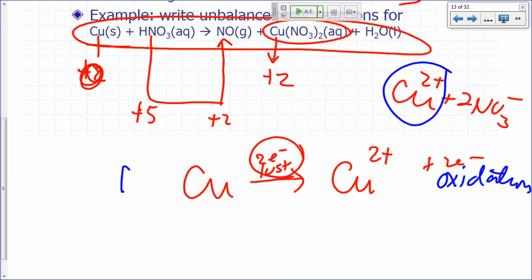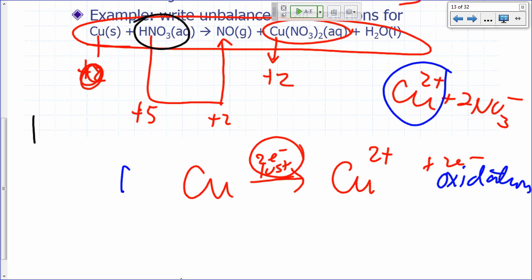And what's the other half reaction? HNO3 to NO. But what do we know about HNO3? It's one of the 6 strong acids, so in aqueous solution it's completely dissociated, so we don't write it as HNO3 when we write net ionic equations. What do we write it as? H plus nitrate, right?